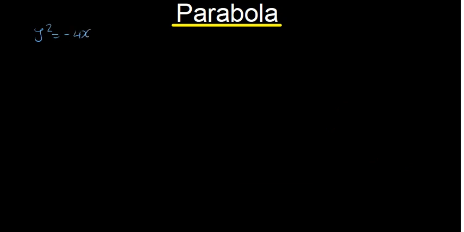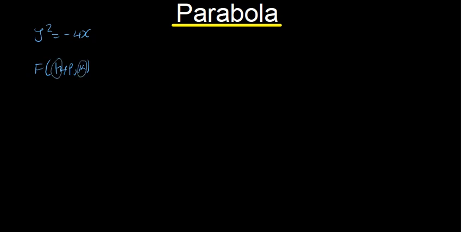Remember, to determine our focus for this one, it's supposed to be h plus p, comma k. But remember, our h and our k are 0.